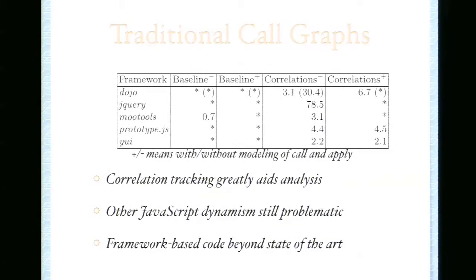And so now the question is, how does that work? This work, by the way, is all from an ECOOP 2012 paper. So what happened here? Well, the table here is showing a couple of things. If you look at baseline and correlations, baseline is the analysis without this special analysis for the loops. And correlations, we call the analysis correlation tracking, is with that analysis for loops.